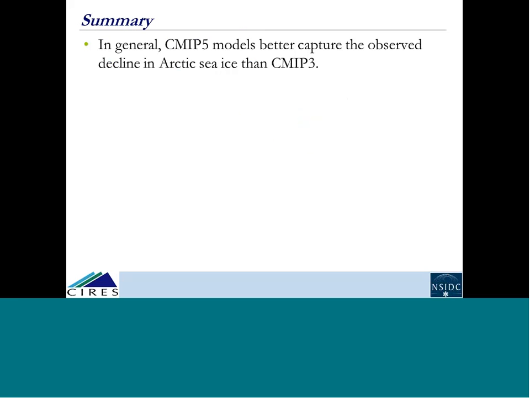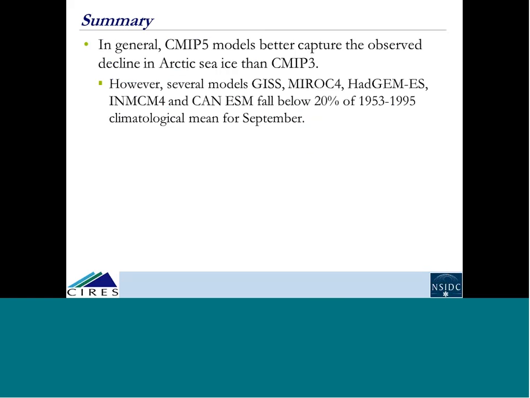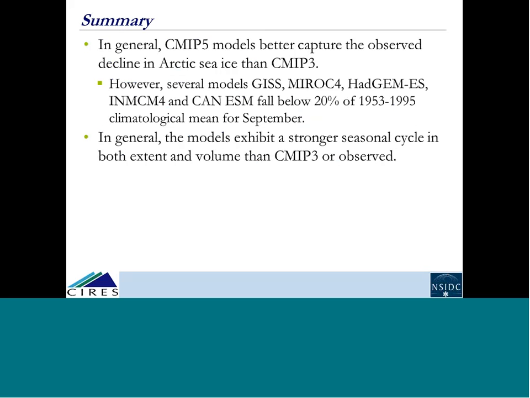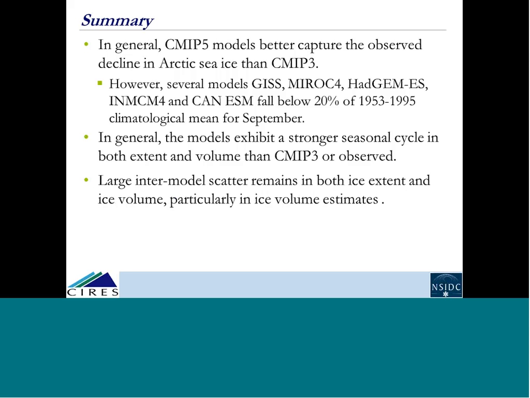So, in summary, the CMIP5 models to some extent better capture the observed decline in Arctic sea ice than CMIP3, but there are certainly some models that really stand out as not doing so well, others doing reasonably well. The models tend to exhibit a stronger seasonal cycle, both in extent and volume, than CMIP3, although I think they match the observed a little better.